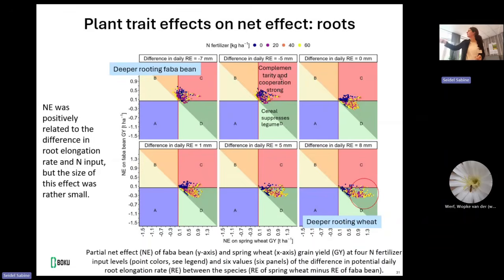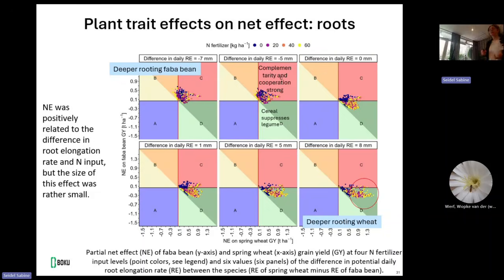If you just look at the two extremes, you can see that especially where we have a deeper rooting wheat, we have the highest net effect. So the net effect is positively related with the root elongation rate and the N input. But you can also see, especially in the figure before, that the effect was not so super high. The maximum actually was these 0.5 tons per hectare in a mean. So it didn't really boost productivity, the intercropping.